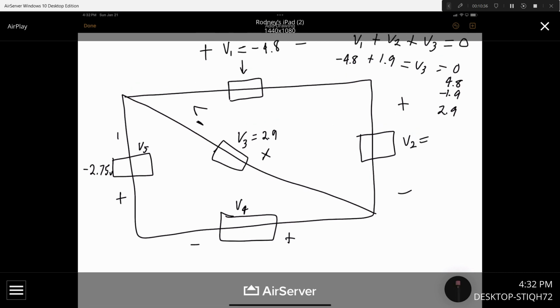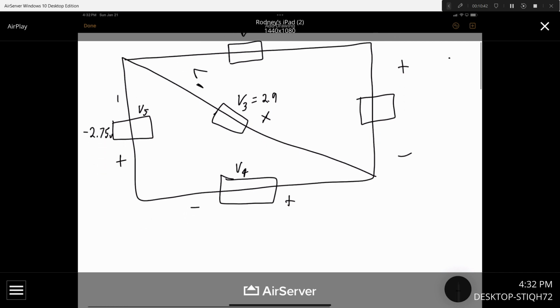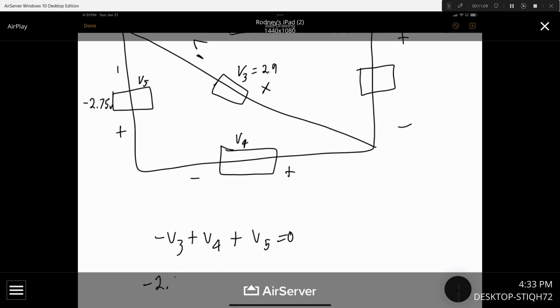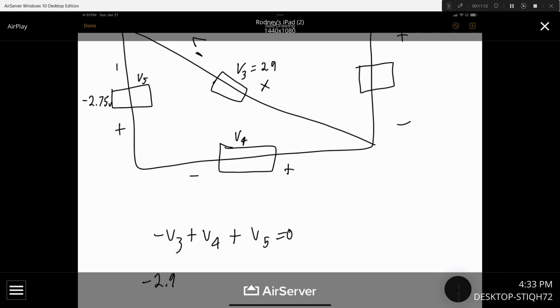Okay, and let's do it for the second part. So if we go clockwise from the top, follow it in a circle, right? V3 ends up being negative, V4 is positive, plus V5, which is also positive, is equal to 0. Now let's plug in our numbers: negative 2.9, because V3 goes from negative to positive, plus V4, we don't know that one yet, plus V5.